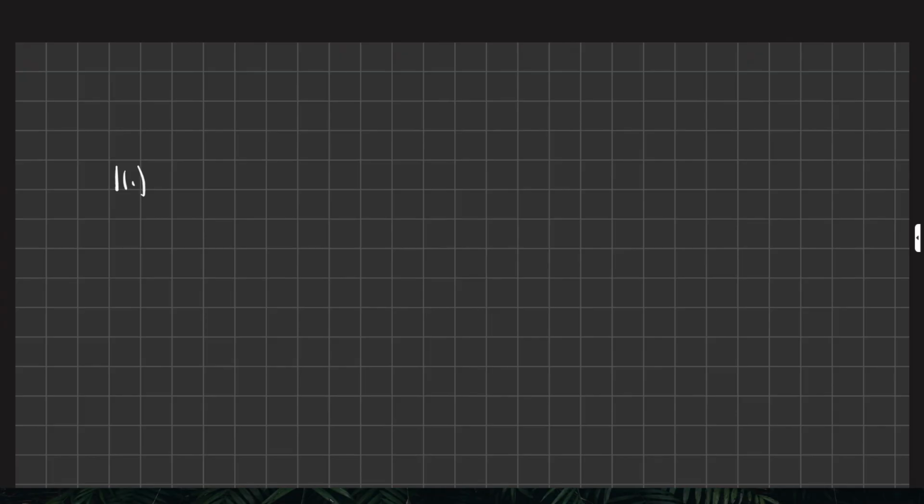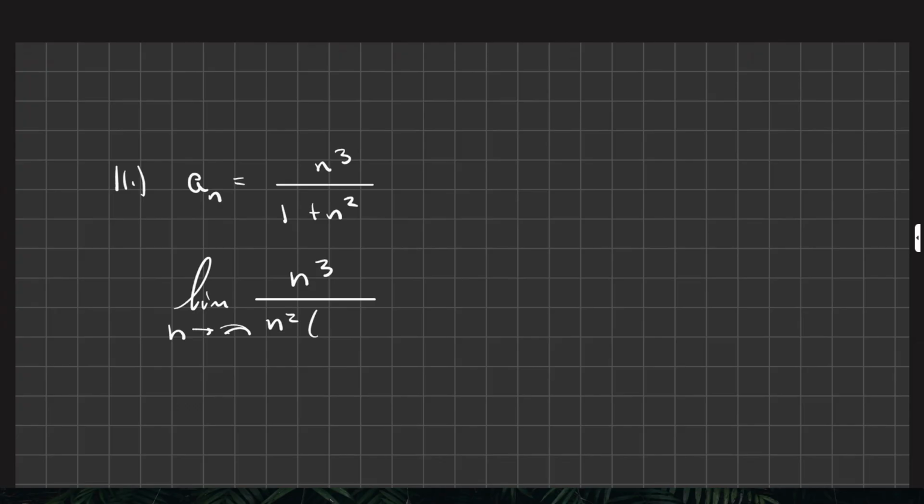But let's look at like a sub n equals n cubed over 1 plus n squared. Well, to show if this converges or diverges, this is a sequence, not a series. We just want the limit as n goes to infinity. So let's just look at what that is. This can be written as n cubed over n squared times 1 plus 1 over n squared.